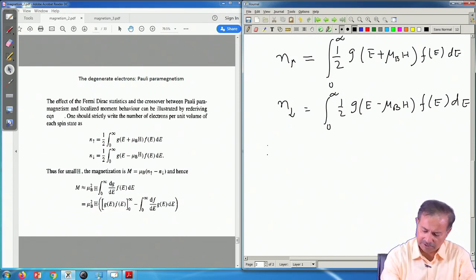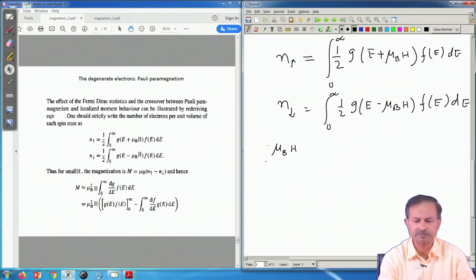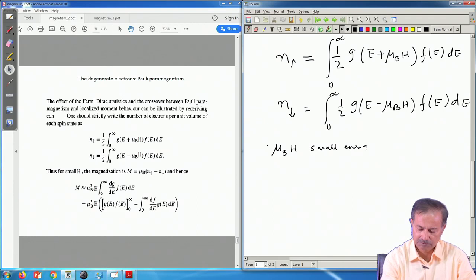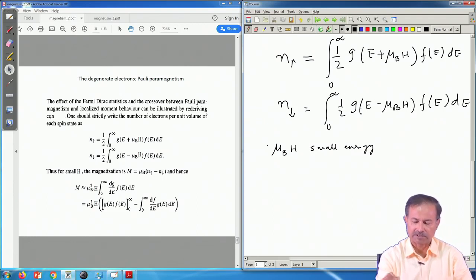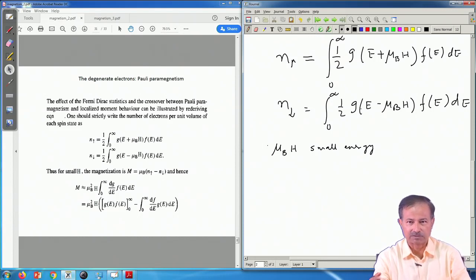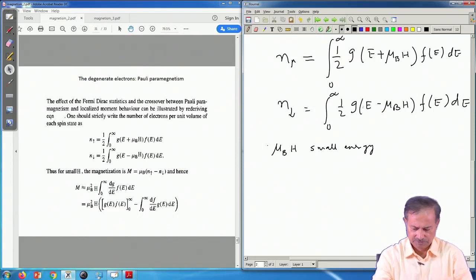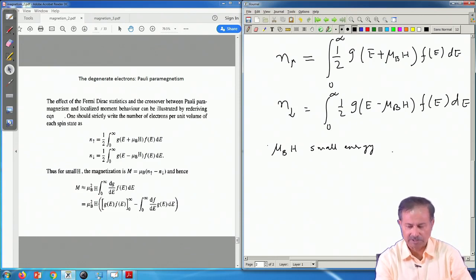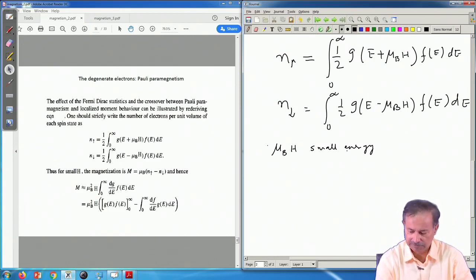Now, as we mentioned, μB H is a small energy compared to the electronic energies that we are talking about, and soon we will see that we are only interested close to the Fermi level. So μB H is an exceedingly small number, less than even 1/100th in most cases. So we can just do a Taylor expansion.